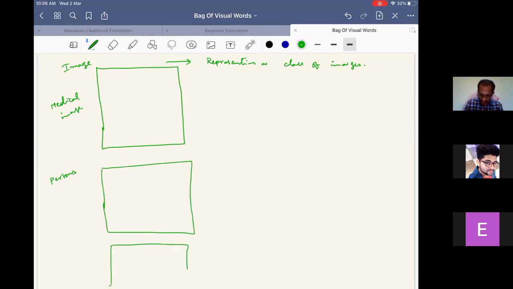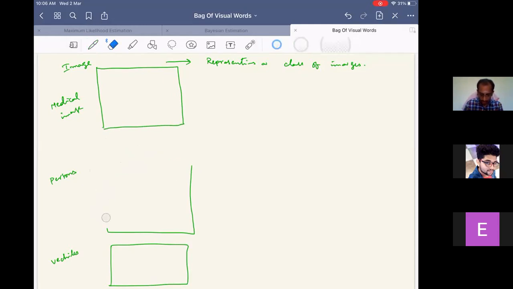And then there are other classes of images related to, say, natural objects or vehicles, for example. So now what is the basic idea of bag of visual words? Based on the discussion that we had in the last classes, do you remember how bag of visual words helps us to represent a class of images?